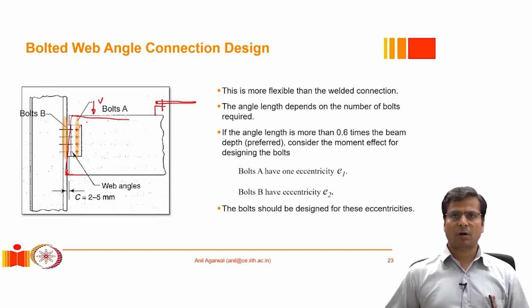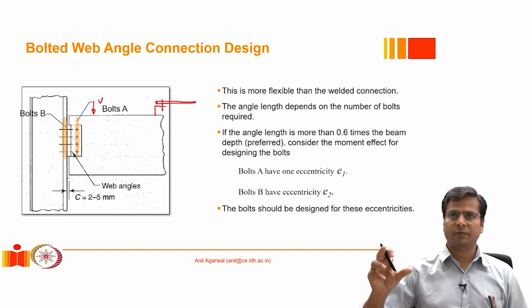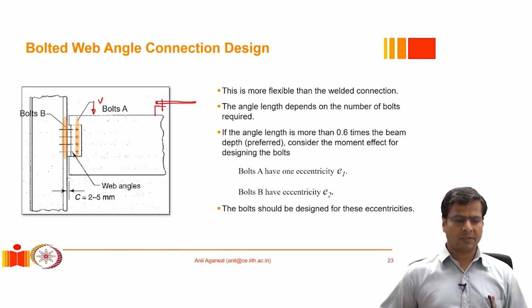And then it will start offering a lot of resistance, and these bolts will also be subjected to a very large tension force demand, which is not really the purpose of these bolts. So in order for that not to happen, we have to keep some gap here so that it can rotate freely without producing a lever arm, and the lever arm remains very small.